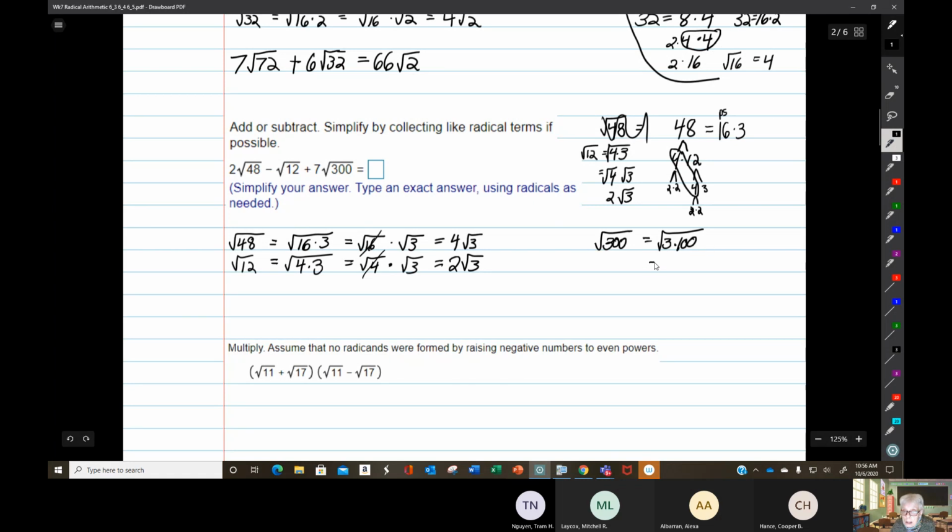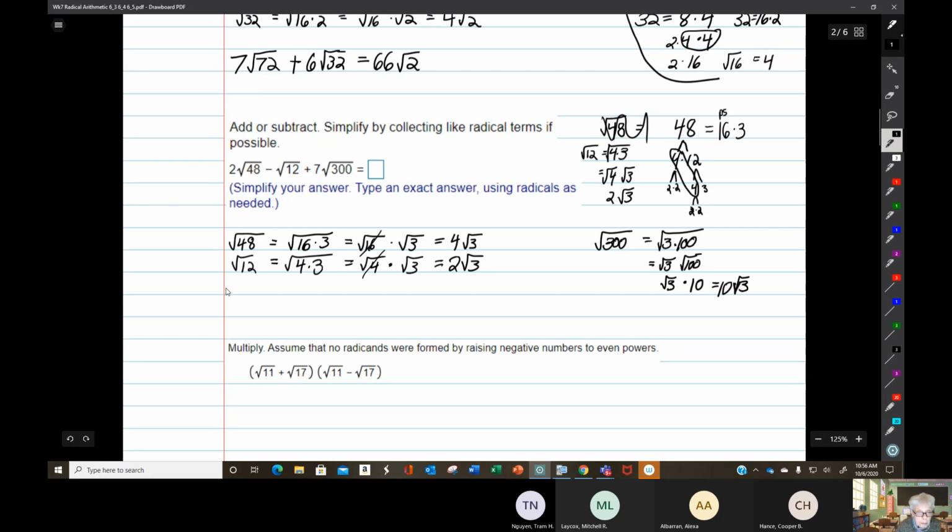So that's going to equal the square root of 3 times the square root of 100. The square root of 100 is 10, so you've got the square root of 3 times 10, which is 10 times the square root of 3.